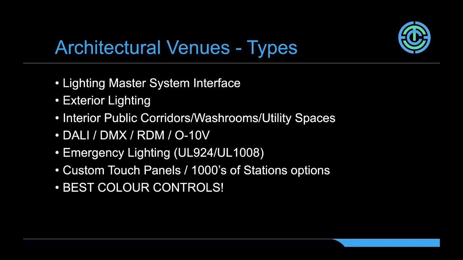And because every fixture manufacturer is different, and because everybody does color a little bit differently, and because the human eye responds to color intensity changes and hue changes differently between different venues and different types of daylight interactions and whatnot, it's really, really important that you have an architectural control system that understands color at its core.